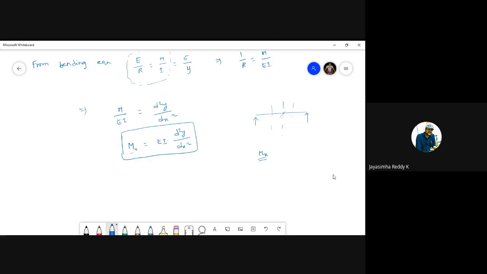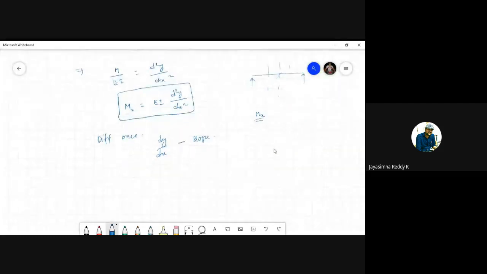Okay, if you differentiate this equation once, you'll get dy by dx. So dy by dx is nothing but slope. Okay. Similarly, if you do integration again, okay, sorry, integration, students. Integrate once and double integrate, we'll get y, which is deflection. Is it clear? So that is why we have derived this relation.